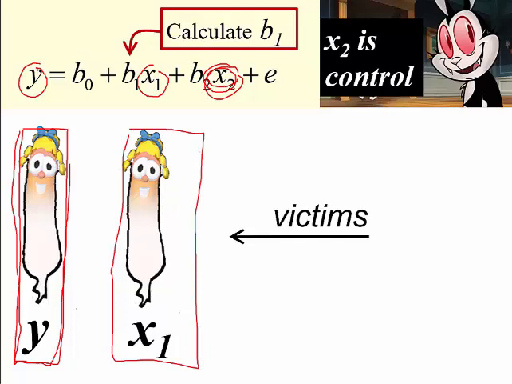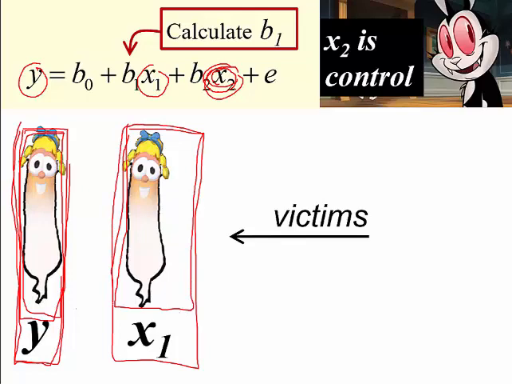So I've extracted x2 out of y, and this is the leftovers, the stuff of y that couldn't be explained by x2. And I extract x2 out of x1, and this is the leftovers, the residuals of x1 after x2 has been extracted out.